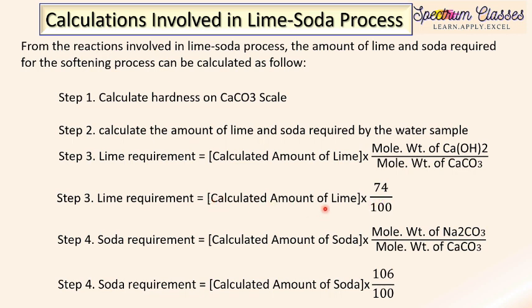Then step 4, the requirement of soda, can be calculated from the reactions involved and multiplied by the molecular weight of soda divided by the molecular weight of calcium carbonate. The molecular weight of soda, Na2CO3 or sodium carbonate, is 106 and that of calcium carbonate is 100, right? In this way we are going to calculate stepwise.